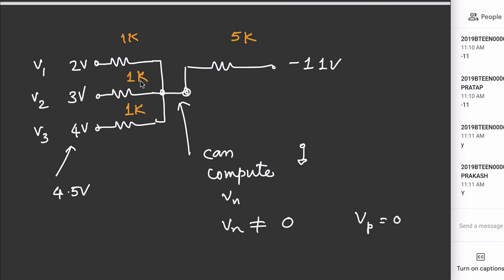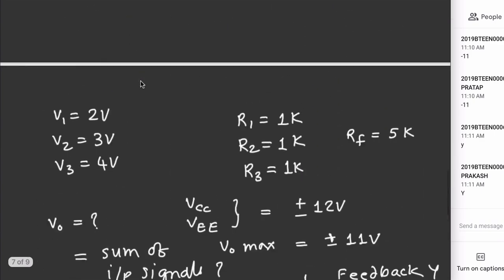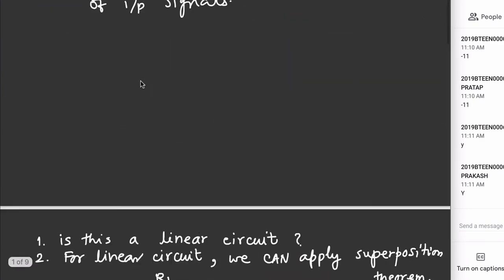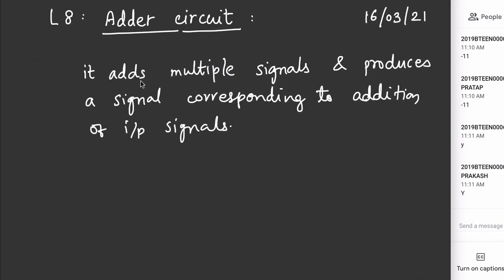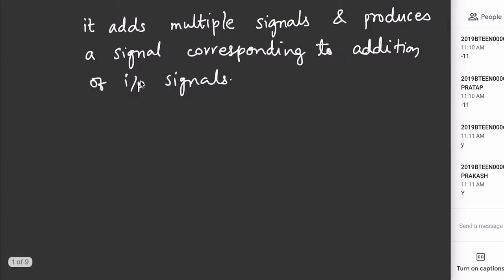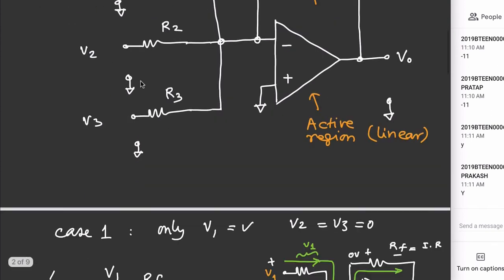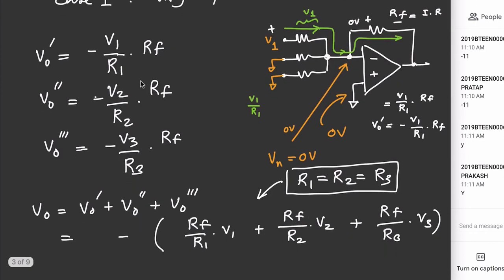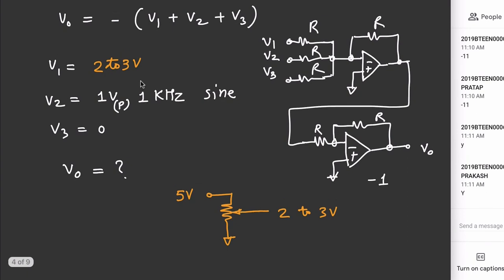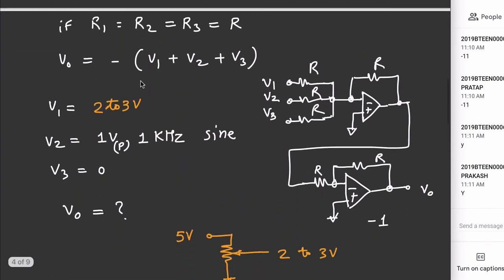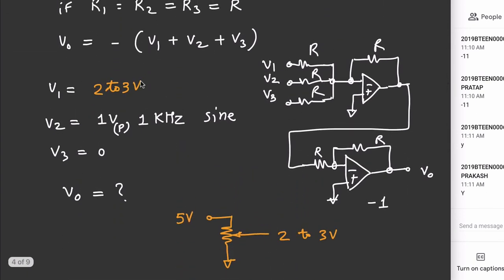So we'll take a pause, but before taking the pause, we'll have a very quick recap. We started with an adder circuit, which is able to add multiple analog signals. Then we understood that it's a linear circuit, so we can apply the superposition theorem. When we equated all the resistors, we got the output equal to minus of V1 plus V2 plus V3.